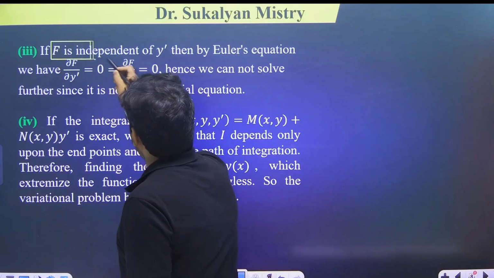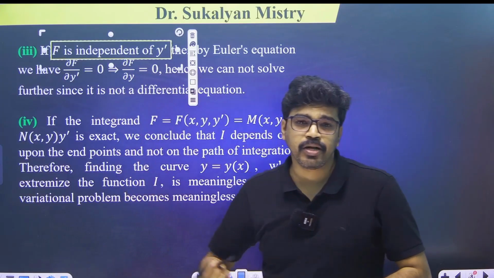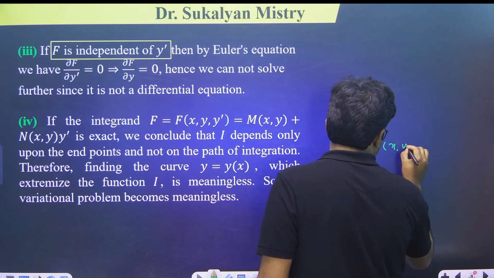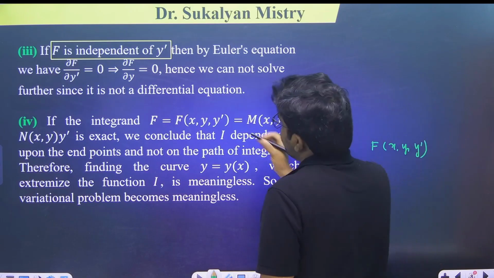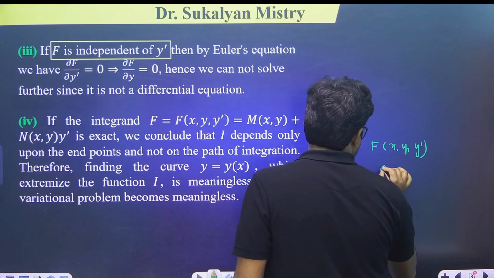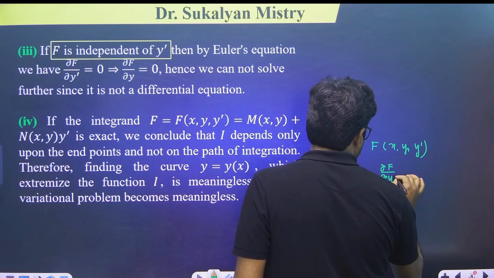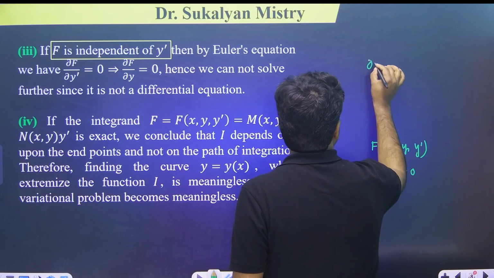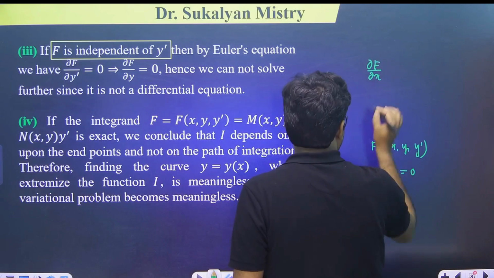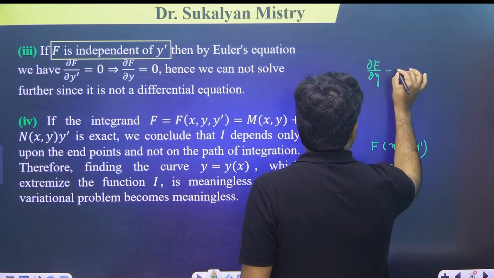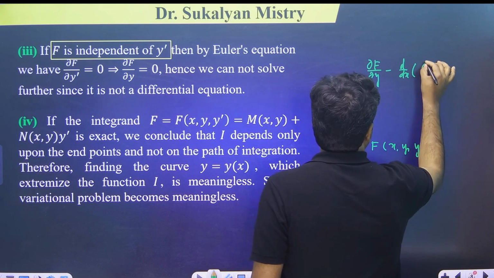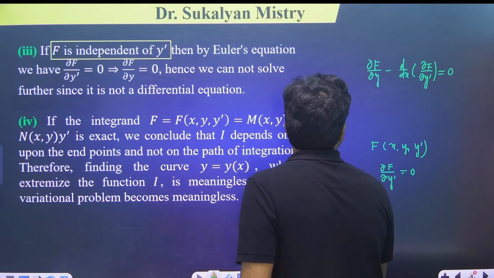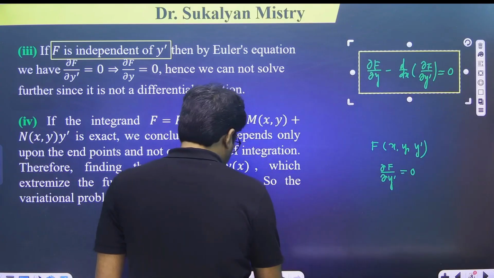Next, it is very important. If f is independent of y', where f is a function of x, y and y', that means ∂f/∂y' is equal to 0. Then what is Euler's equation? We know that Euler's equation is ∂f/∂y minus d/dx of ∂f/∂y' is equal to 0.